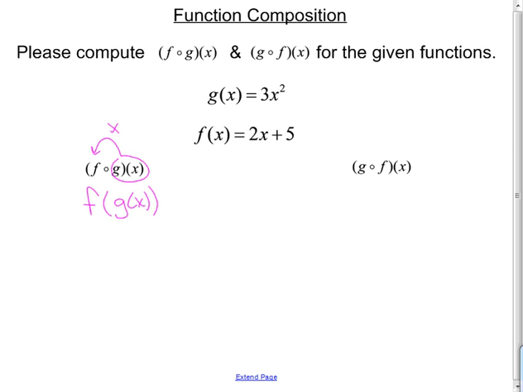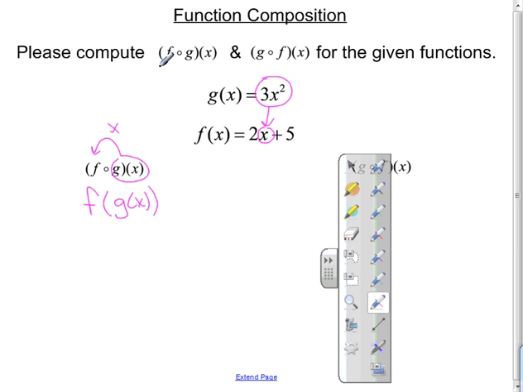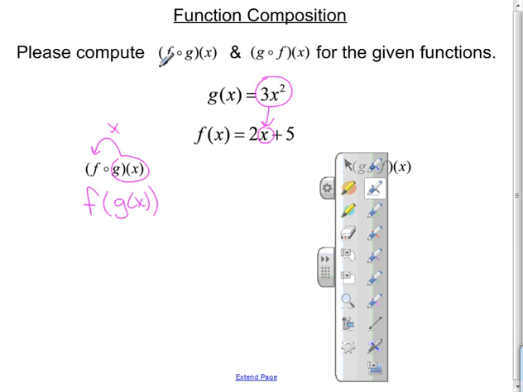So again, we're going to take g of x, which is 3x squared, and plug it in for x in f of x. So this will give me 2 times 3x squared plus 5.